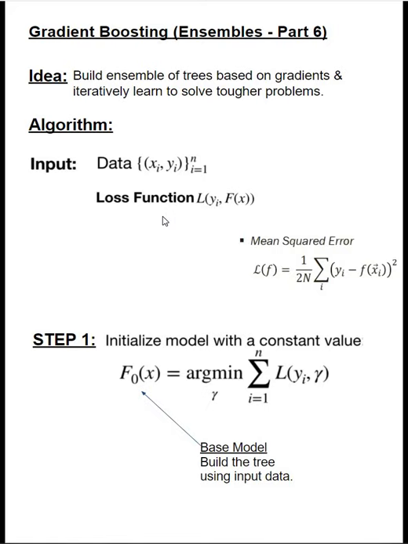And we'll build the tree using the input data, optimized for the loss function which we have chosen. As part of that formulation, it is taking in the actual value yi and also a gamma parameter, which in this initial run would be based on xi, the independent features given to us in the data.